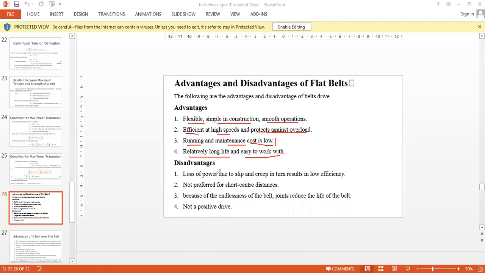Now the disadvantages: there is loss of power due to slip. So what is this slip? We have the belt over this pulley like this, and this is the shaft.